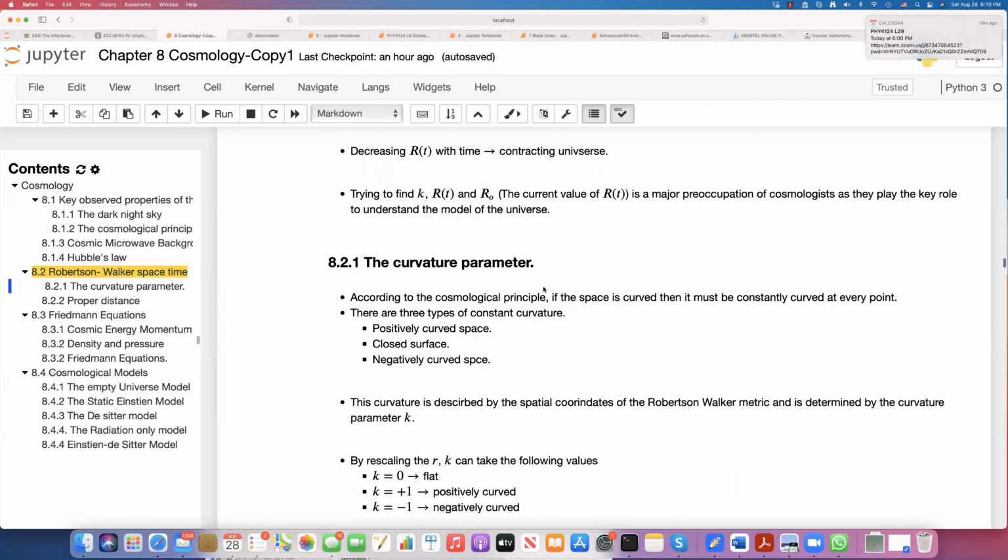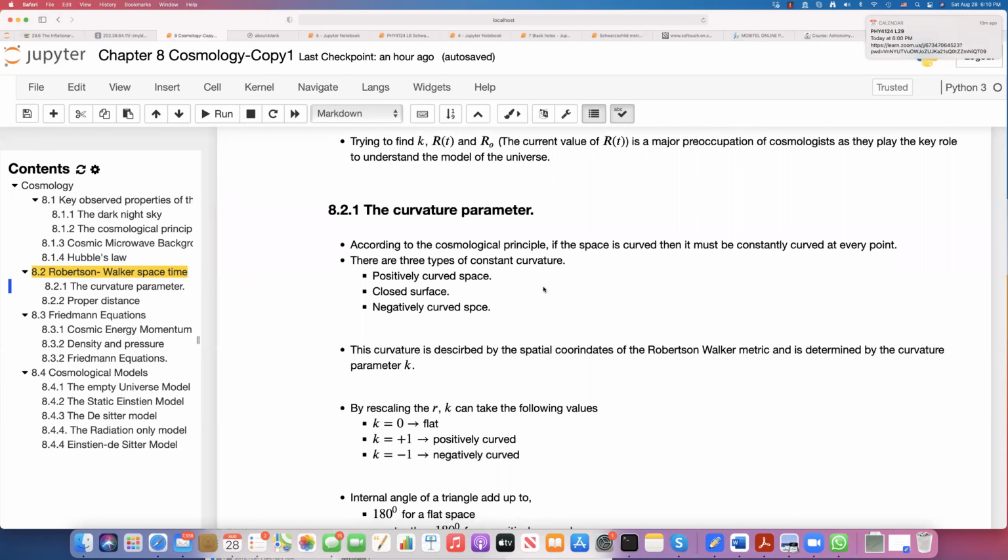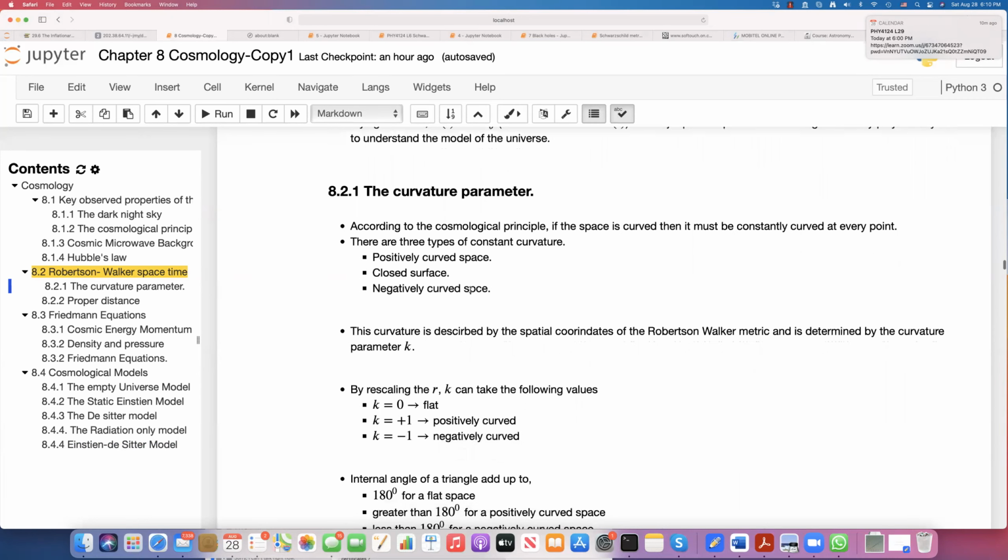And then I talked with you about these curvature parameters last time. Remember that we talked about the three options that this particular metric represents based on the value of K. If K equals 0, then it is a flat universe. And if K equals +1, that will be a positively curved universe. And for K equals -1, that will be a negatively curved universe, right?